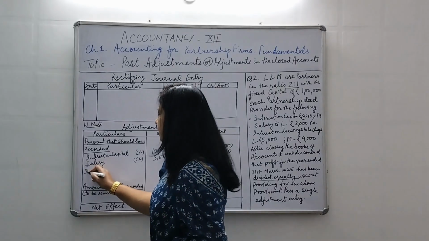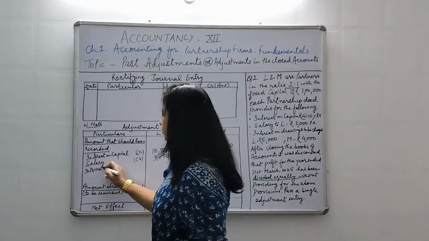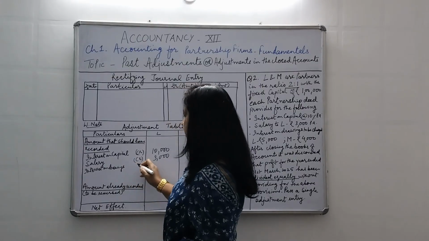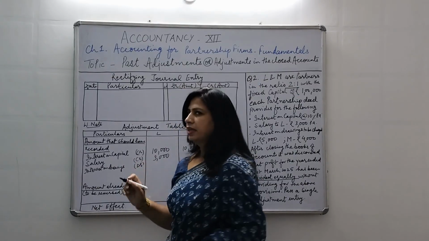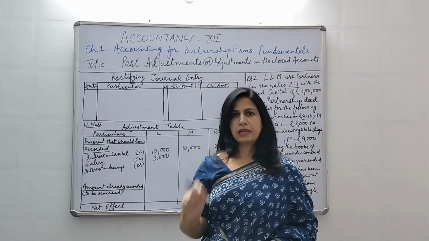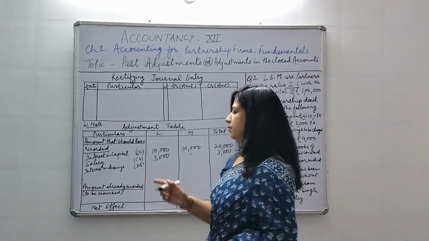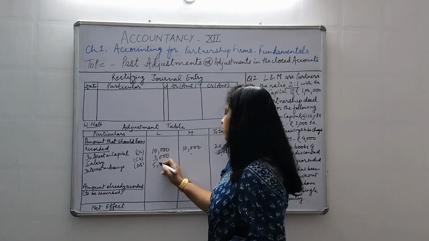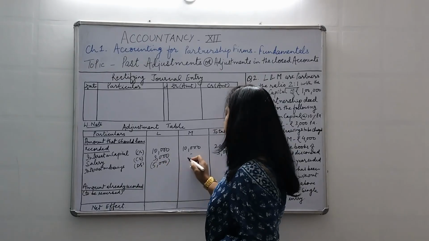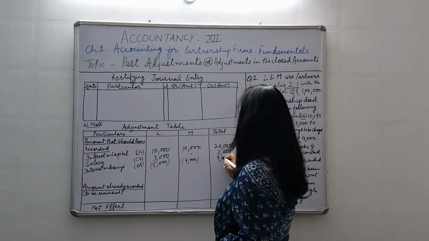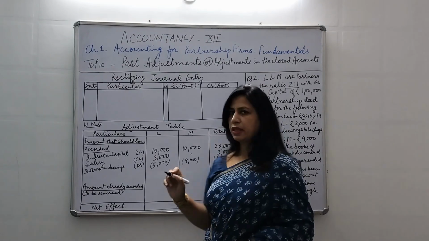So we will provide interest on drawings. Now the interest on drawings children, it is debited to the partner's capital account. So we are writing debit in front of that, and it will be a minus item, a negative item. So 5,000 and 4,000. Total it becomes 9,000.